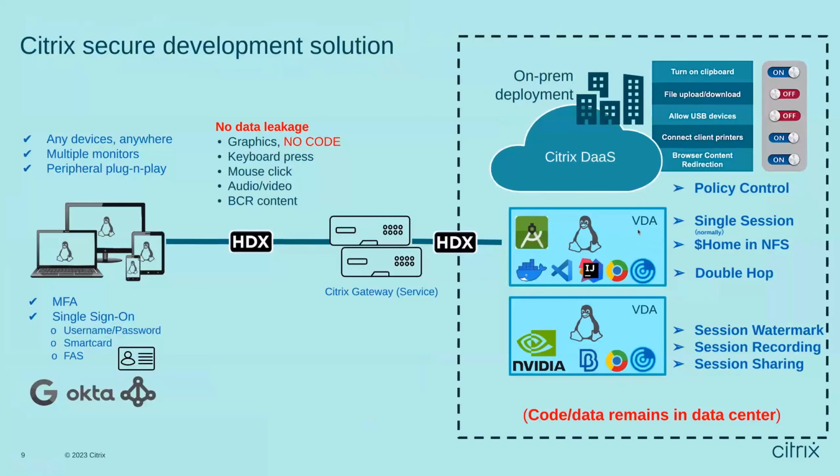And then if you look at these two VDAs, the first one illustrates the typical developer use case. For example, Android Studio, Docker, VS Code, IntelliJ. Those development tools are common in the Linux development environment. And also we can use Chrome or Firefox to access many browser-based applications.